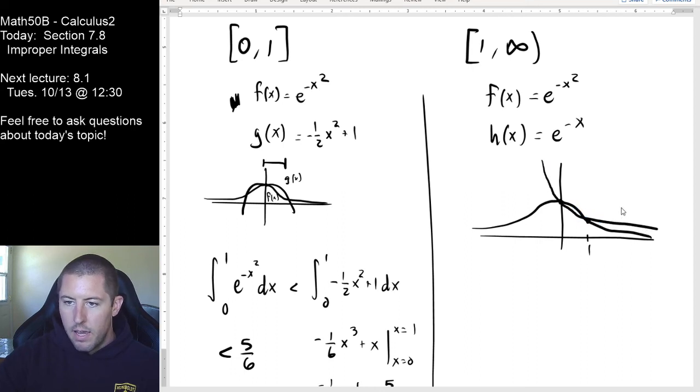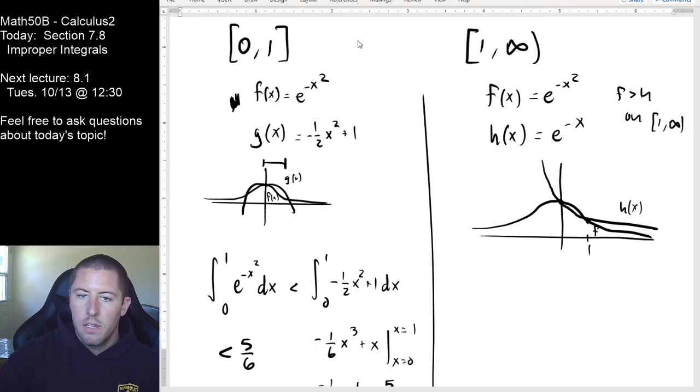So this is my h of x here, and this is my f of x down here. All right, so h of x is above f on 1 to infinity. And here we want to say f is less than g on 0 to 1.